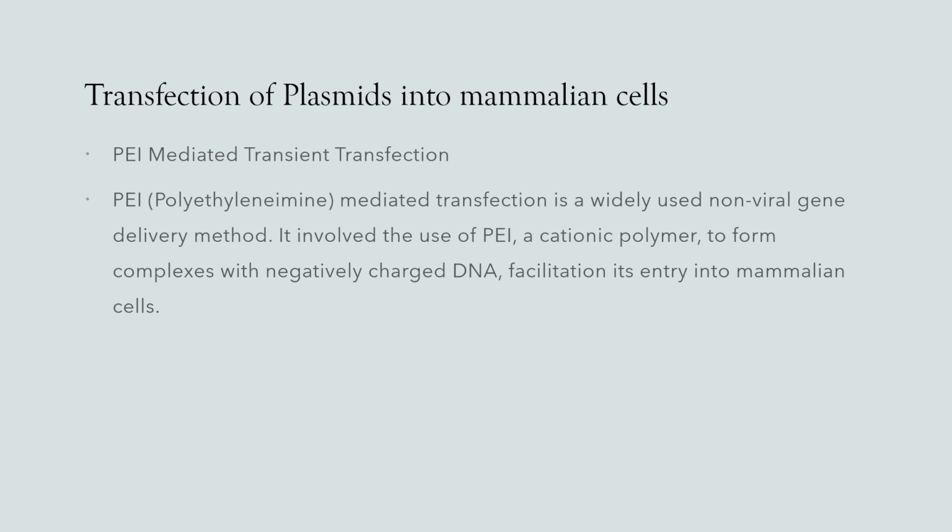The plasmid route has its advantages and disadvantages, but if you are using this route, it will be the PEI-mediated transient transfection, and this is basically where this molecule, PEI, forms a complex with the DNA, and this is what facilitates its entry via endocytosis into the mammalian cells and then into the nucleus.